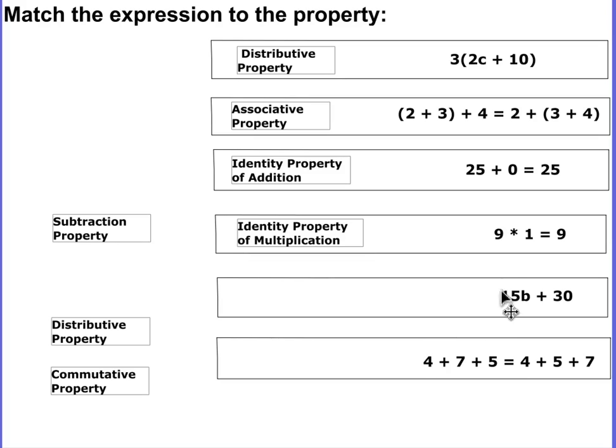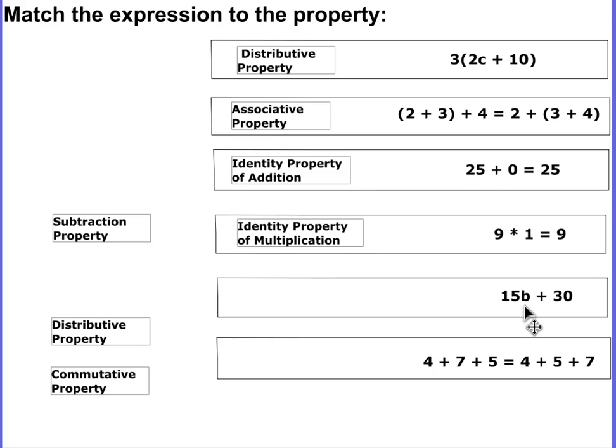Now I'm looking at 15 times b plus 30. Well, I don't see any parentheses, so it's not associative. I don't have an equals on the other side where I can see that the numbers move.